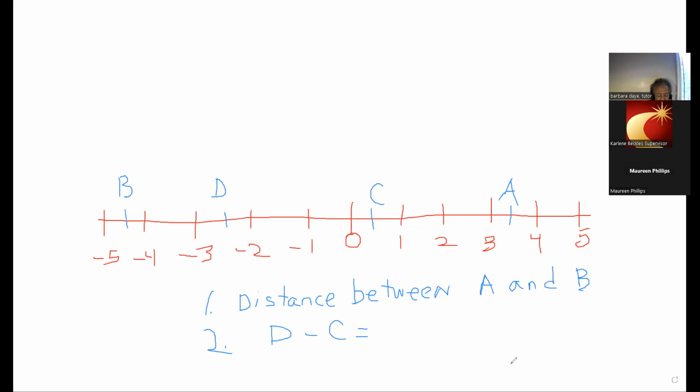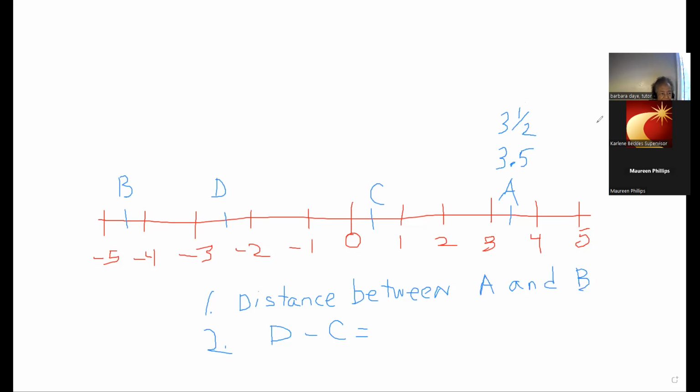Okay, so A, what's the value of A, you said? A is 3.5. Okay, let's just put here, and I'll put it as a decimal, 3.5, or 3 and 1/2, either way.